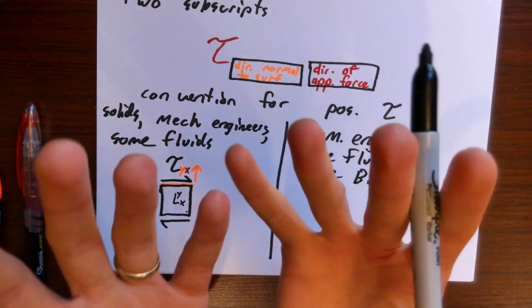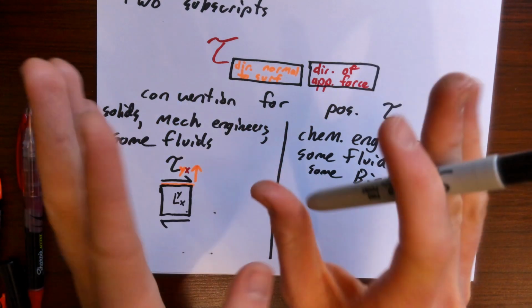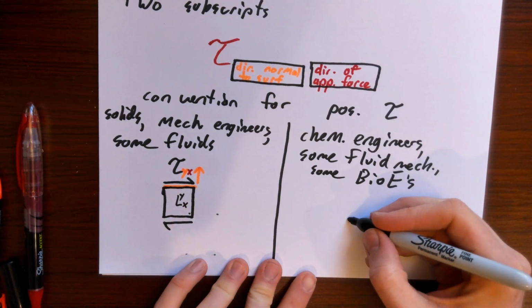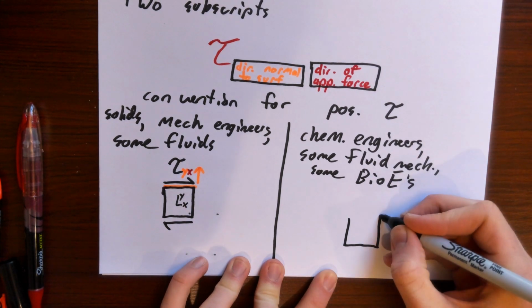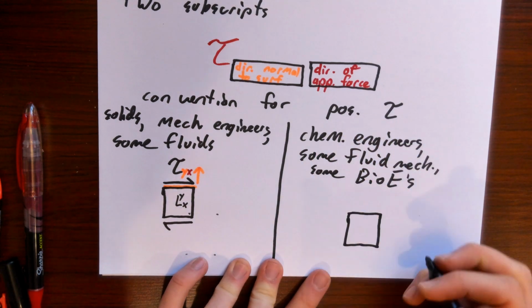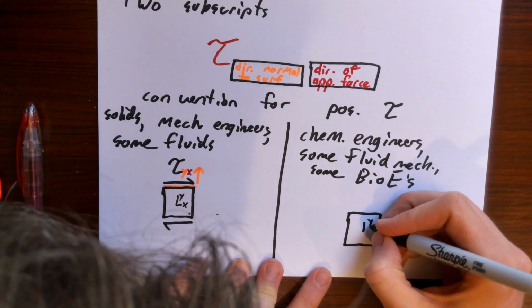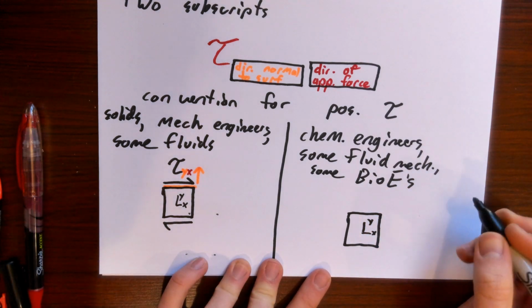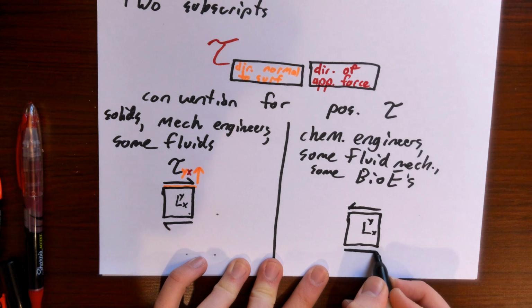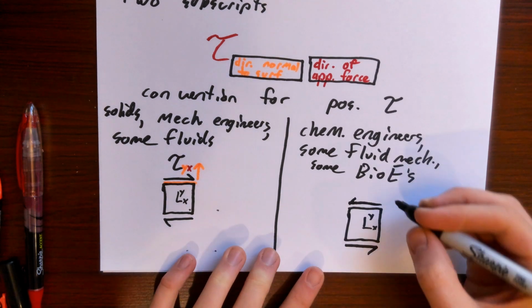I know, frustrating, right? Why can't everyone agree? Well, this is the world we live in, unfortunately. So the opposite convention that some chemical engineers, some fluid mechanicians, and some BIOEs use is, we still have our y and our x axes, and the convention for these folks is to have positive shear stress pointing in the other direction.